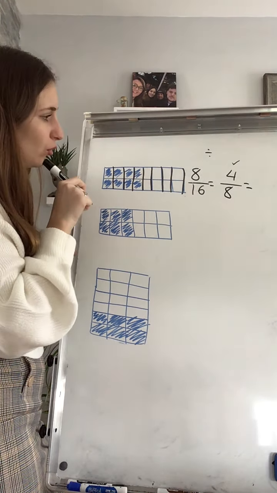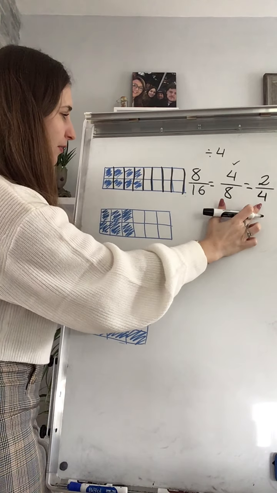I could divide it by 4, couldn't I? 8 divided by 4 is 2. 16 divided by 4 is 4.